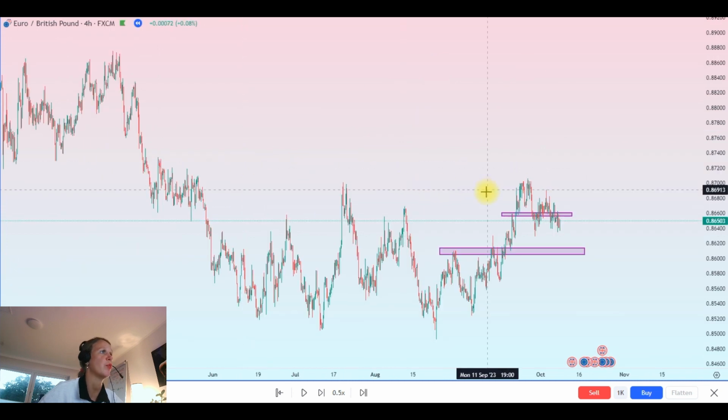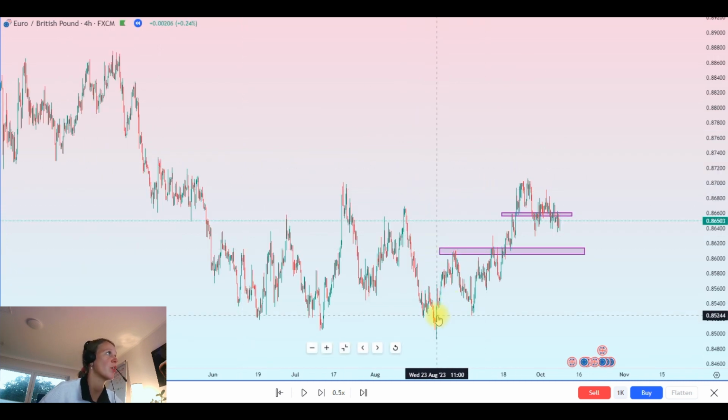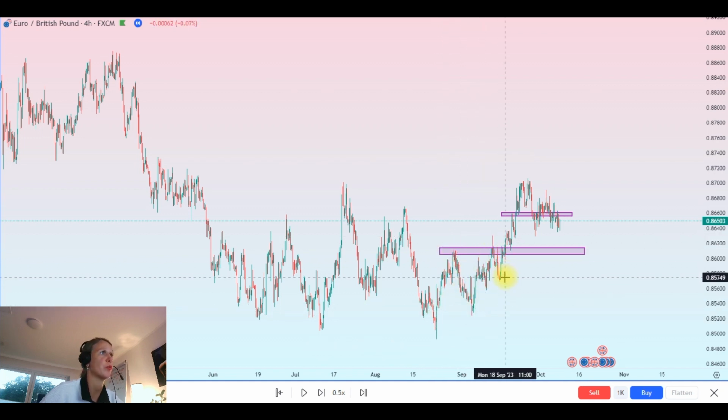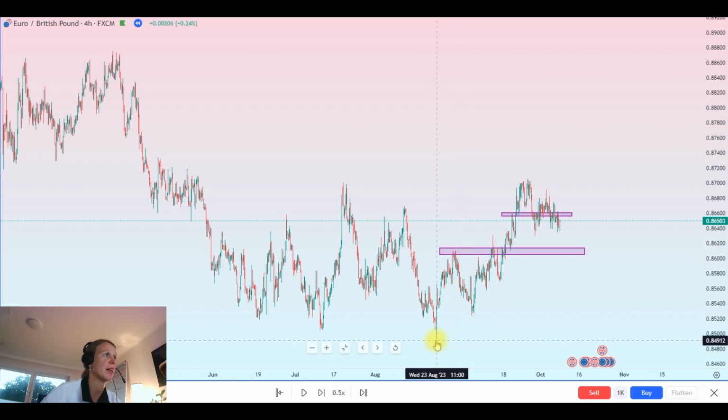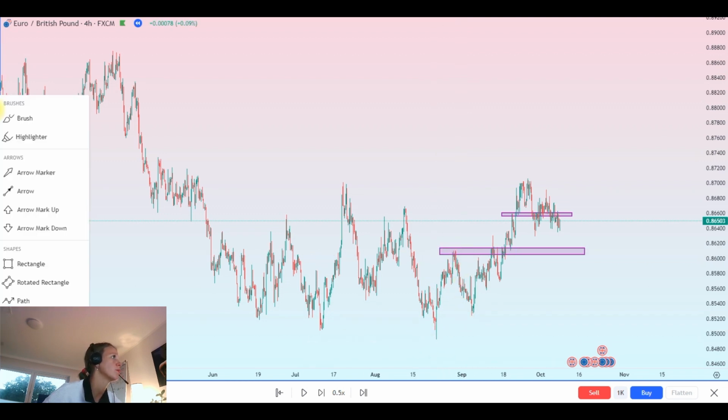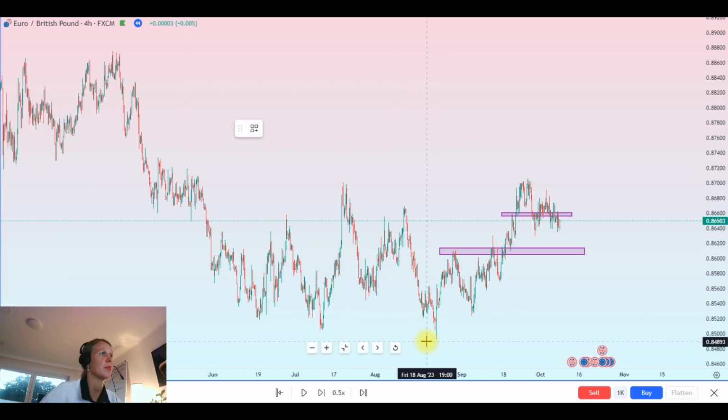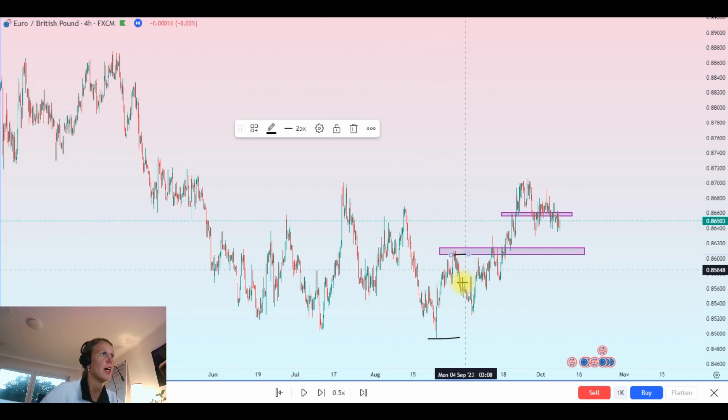So for example, when we zoom out, we see on the 4-hour chart we are making an upwards movement. The market came from the downside, then in the sideways ranges, and here you see the market is, let me take a brush, making higher highs and higher lows.